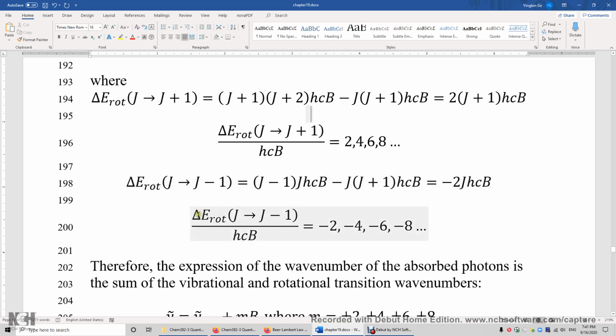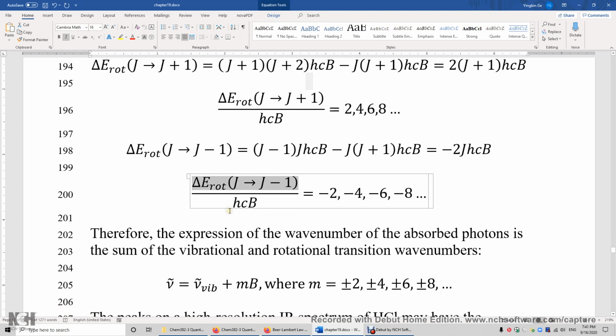And then you can see after this derivation, the change of the rotational energy can be negative 2, negative 4, negative 6, negative 8 times hcB. So really, the energy change of HCl is h nu plus minus 2hcB. So that's it. Plus minus 2hcB. Okay.